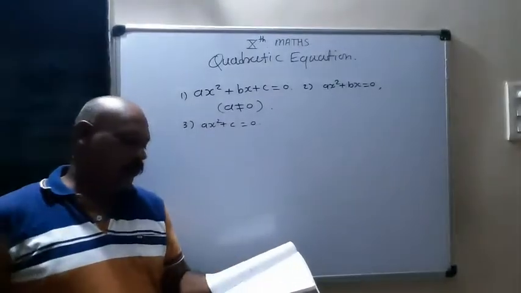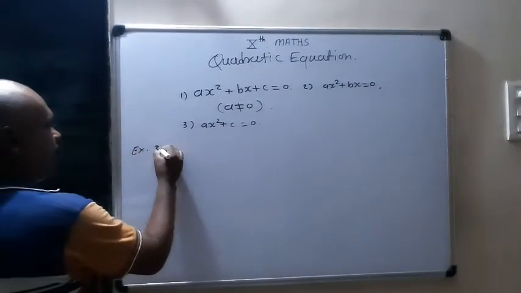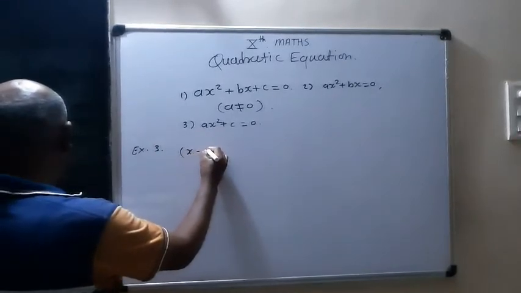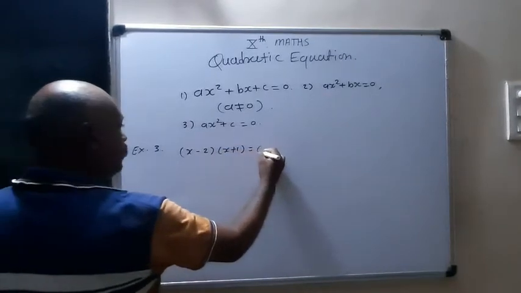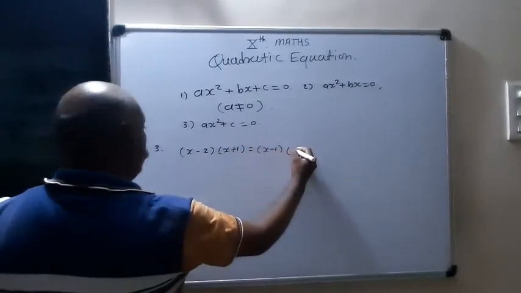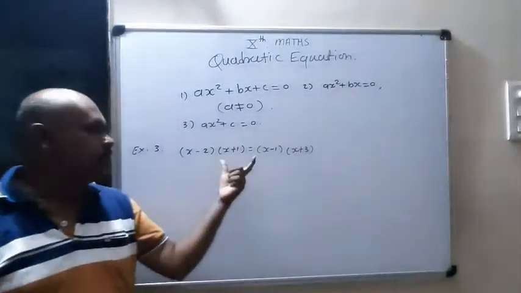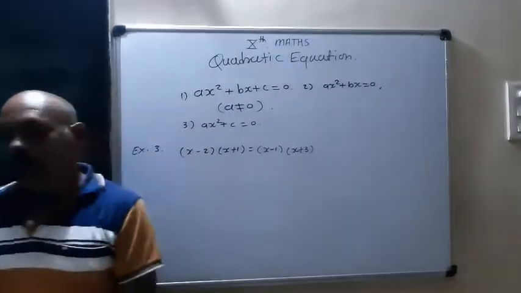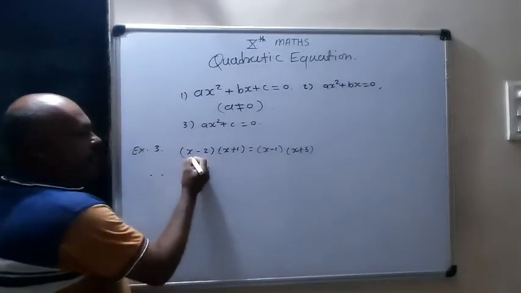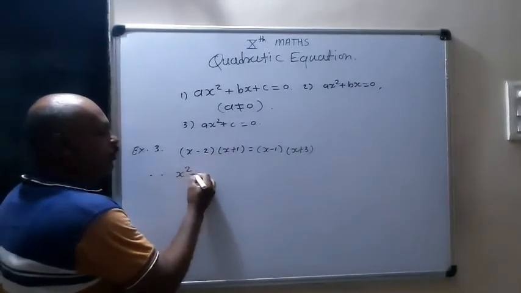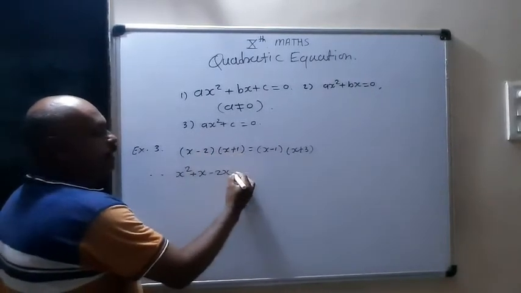We are moving forward to some other examples. Example 3: (x minus 2)(x plus 1) equal to (x minus 1)(x plus 3). We want to check whether the given equation is quadratic or not. For that purpose, we first solve these brackets. Therefore, x into x, x square, plus x minus 2x minus 2.